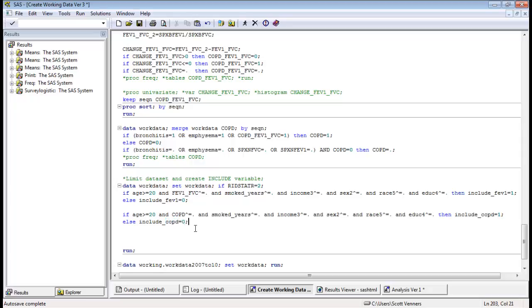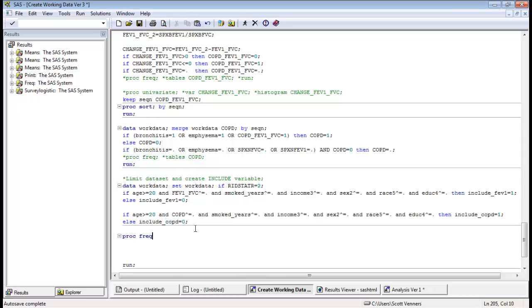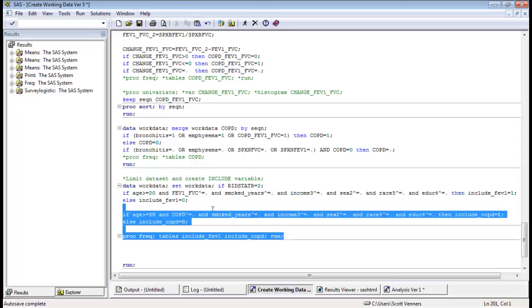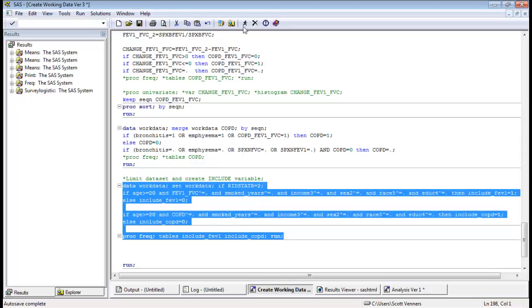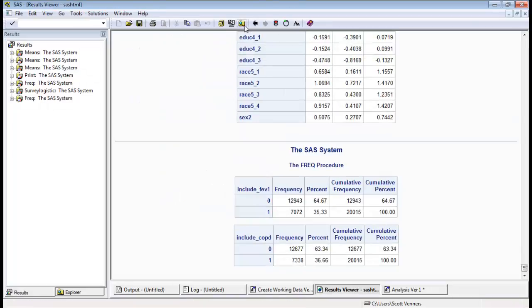Now let's see how many people I have in each of these groups. So for my FEV1 to FVC ratio model, I'm going to have 7,072 individuals.